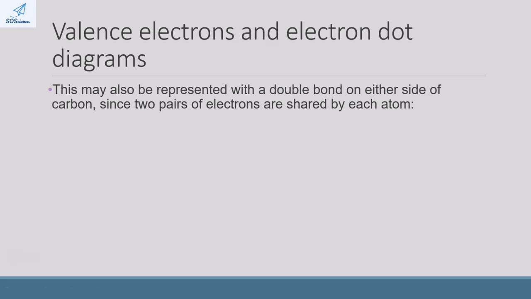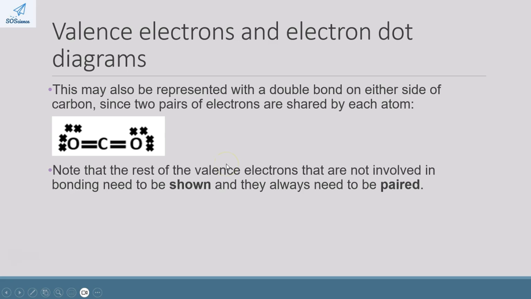Now this may also be represented with a double bond on either side of carbon, because there are 2 pairs of electrons that are shared by each atom. So these bonds may be represented by lines. Each line represents a shared pair of electrons. And also note that the rest of the valence electrons that are not involved in the bonding surrounding the oxygen atom still need to be shown, and they need to be paired.